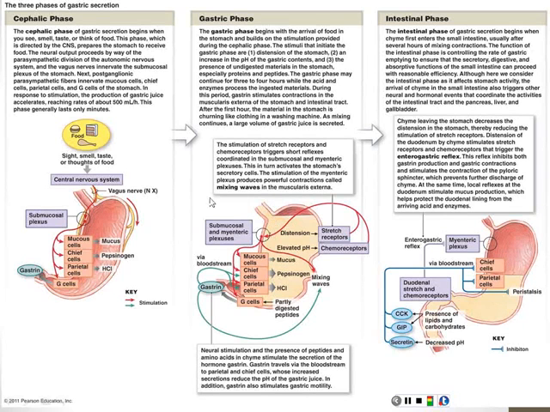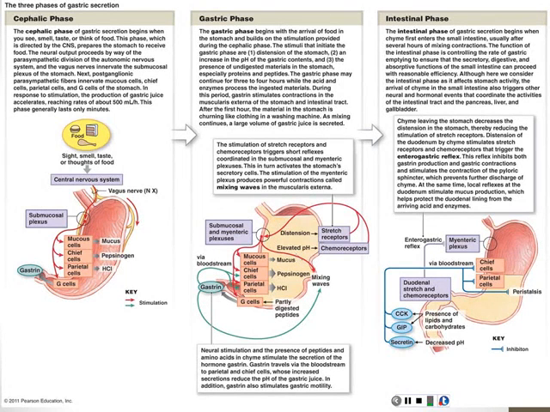And then another is, once food is present in the stomach, the presence of that food is a stimulus to produce acid, pepsinogen, and mucus. So in the cephalic phase, we've got an empty stomach, right? So there's no stimulus to make those three things. But once we start putting stuff in the stomach, that stuff becomes its own stimulus.